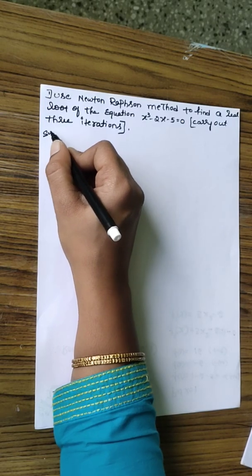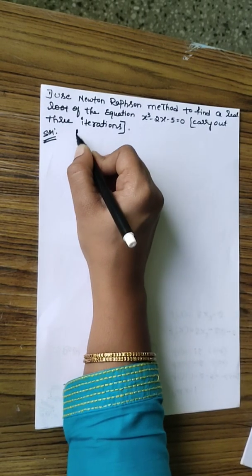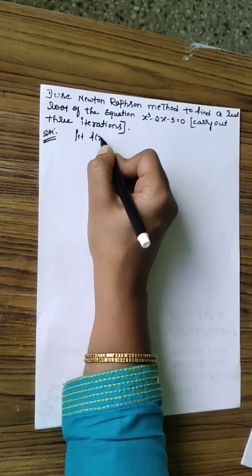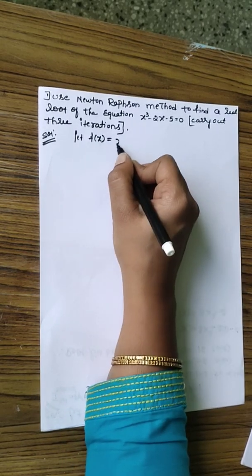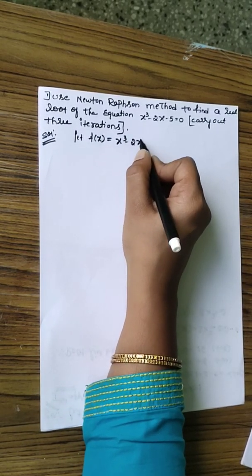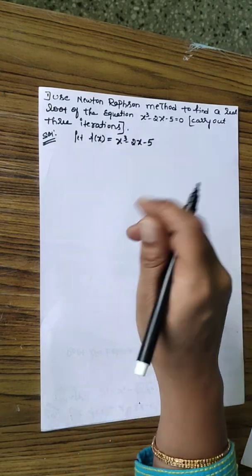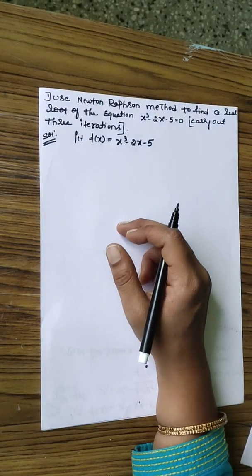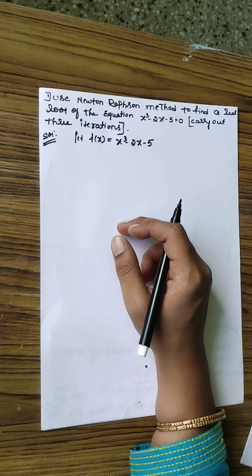Solution. Let f of x equal to the given equation, x cube minus 2x minus 5. We have to find the root of this equation.